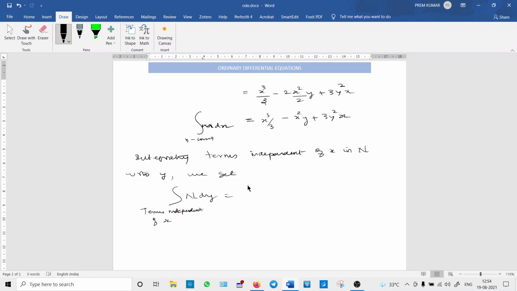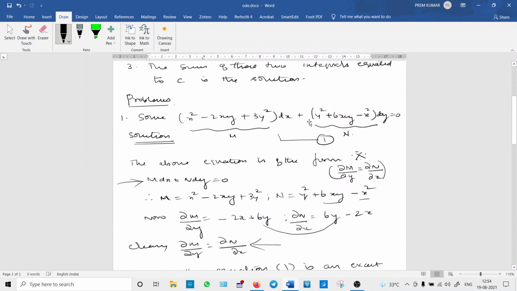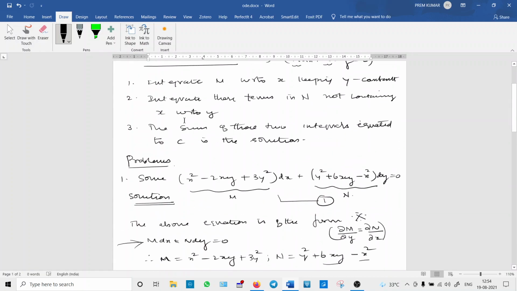So here we get only y square, integrated with respect to y, so we get y cube by 3. We don't add the constant of integration. What does the third step say? The third step is to take the sum of the previous two values you got by integration, add them and equate it to c. That is the solution.